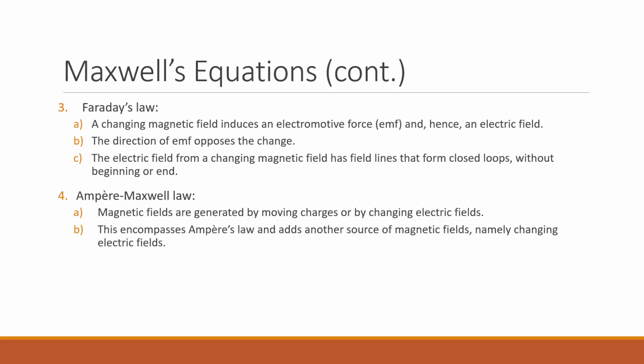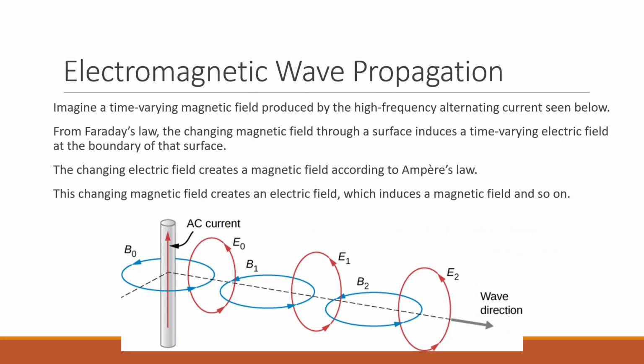So say it has some sort of current involved, and this will create a magnetic field. So this encompasses Ampere's law and adds another source of magnetic fields, namely changing electric fields. Okay, so these are the four equations that Maxwell has kind of brought together.